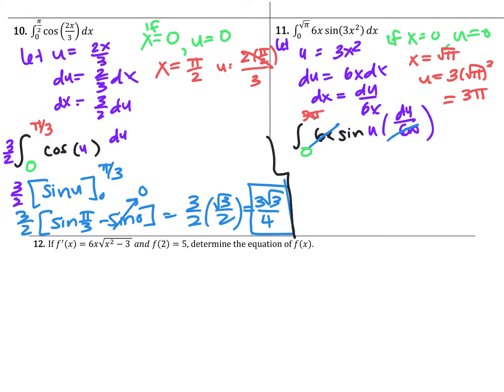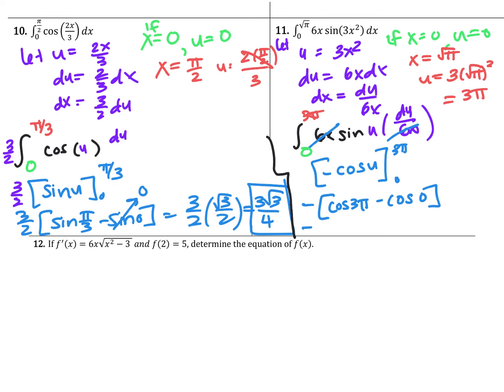If I integrate sine of u, I get negative cosine of u, because I'm asking myself, what did I take the derivative of to get positive sine? That would be negative cosine. And I'm going to evaluate this from 0 to 3 pi. I'm going to take the negative out. So negative times cosine of 3 pi minus cosine of 0.